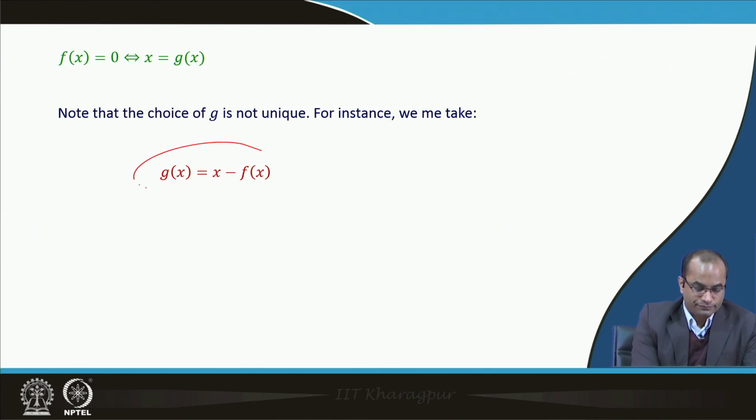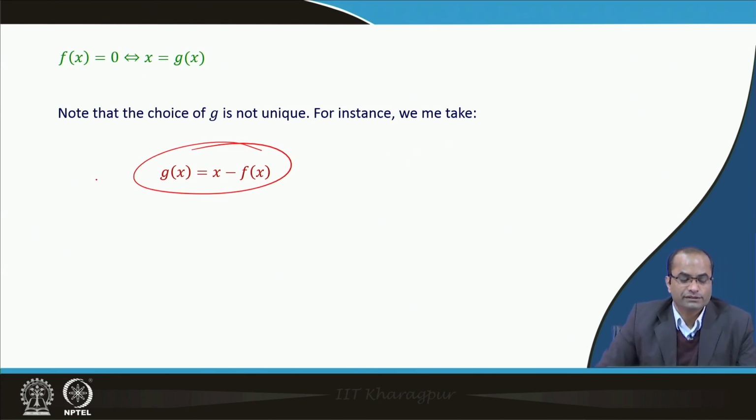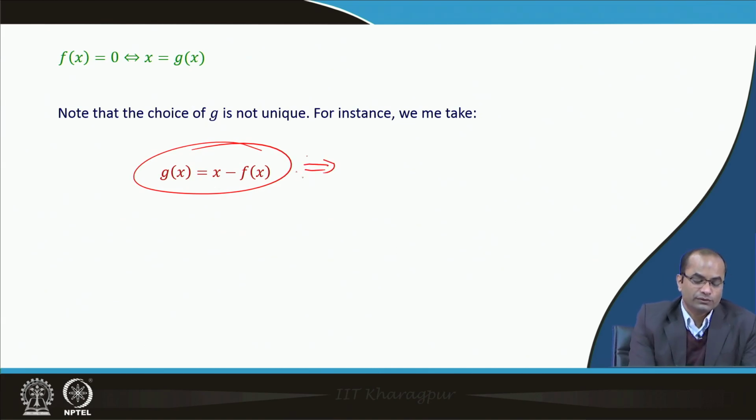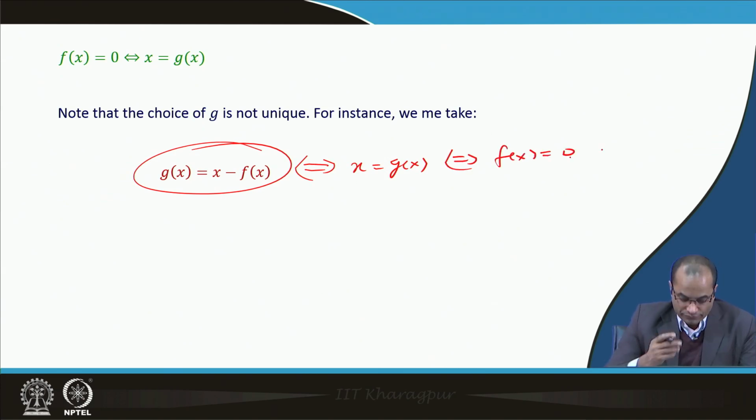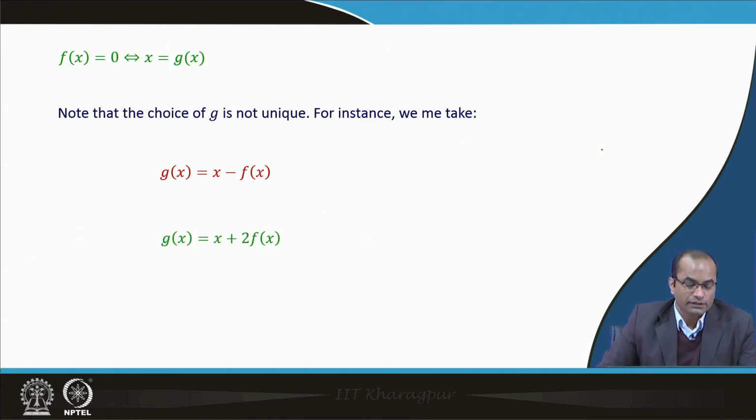So, one of the functions g(x) we can always choose is x minus f(x), which is equivalent to f(x) = 0. This is one of the functions we can work with.